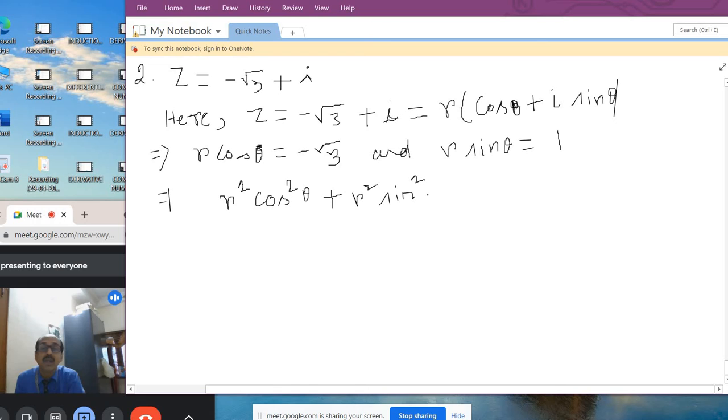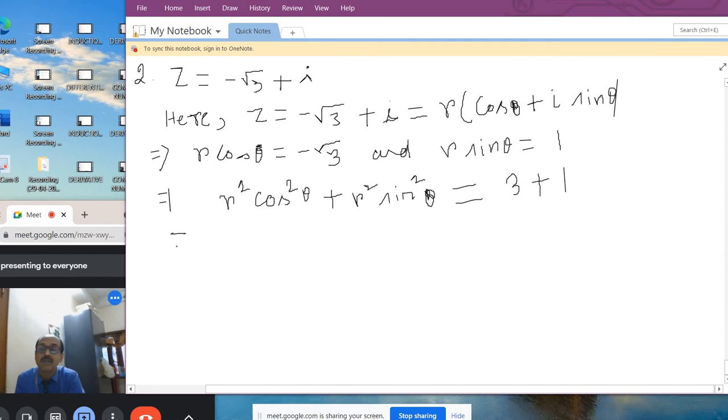Minus root 3 square is 3, so 3 plus 1 is 4. So r square common, cos square theta plus sin square theta is 1.